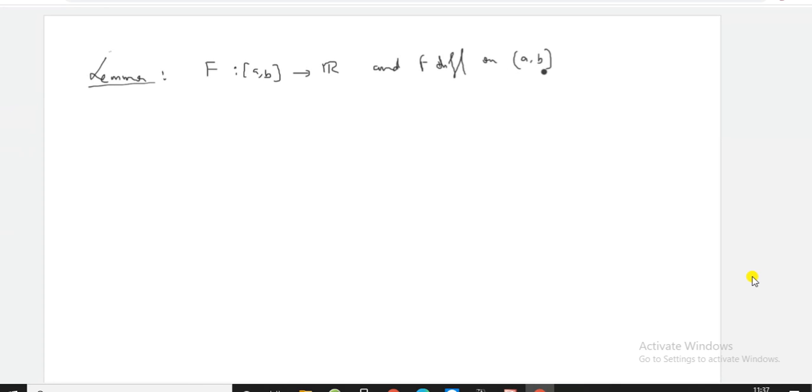And especially at some point, maybe you fix a point in between a and b, say c or say x0. So let f be differentiable at a point x0 which lies in this open interval (a, b).